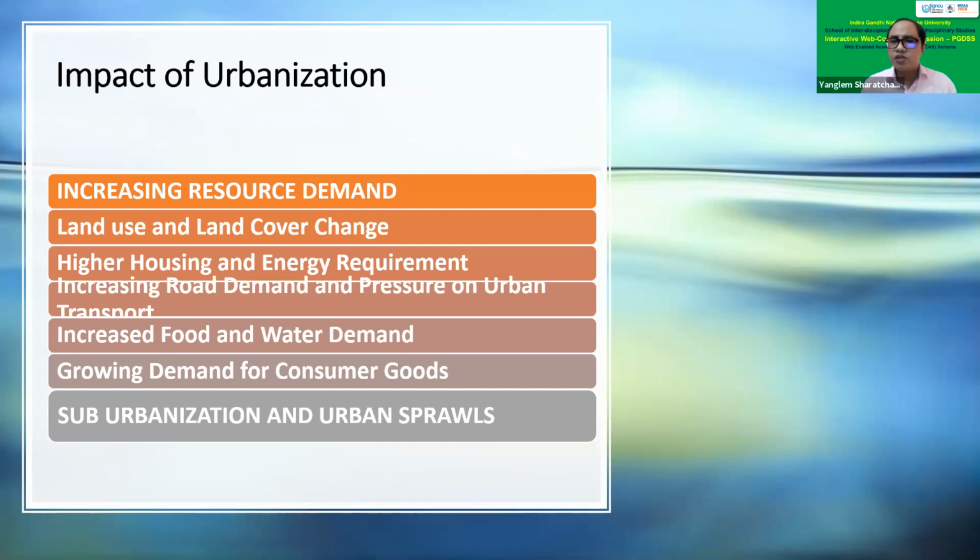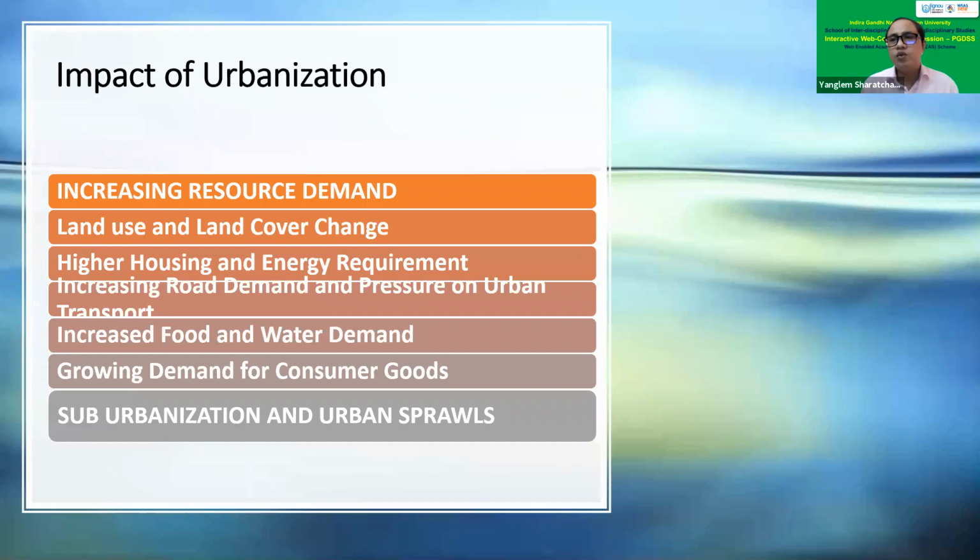When this happens, energy requirement is also very high. In the same way, when you establish that housing, it also increases energy demand. Then that automatically brings road demand and pressure, so urban transport has to be increased, along with food and water demand, and then consumer goods.